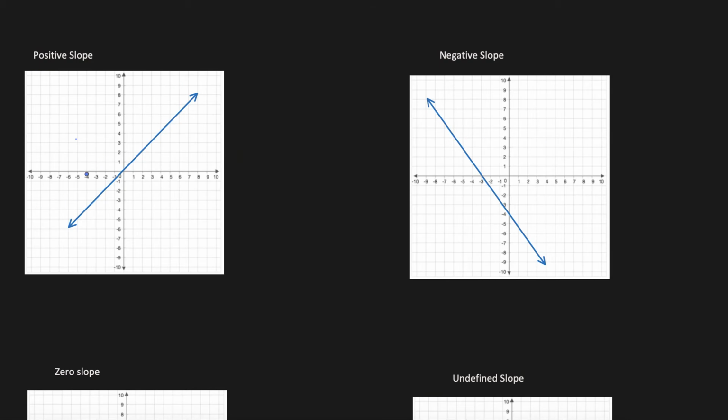So in this case, this line rises as we go across the coordinate grid from left to right, or in plain terms, this slope is increasing. That's why it's a positive slope. So when you solve for the slope for this line, you would get a positive number.